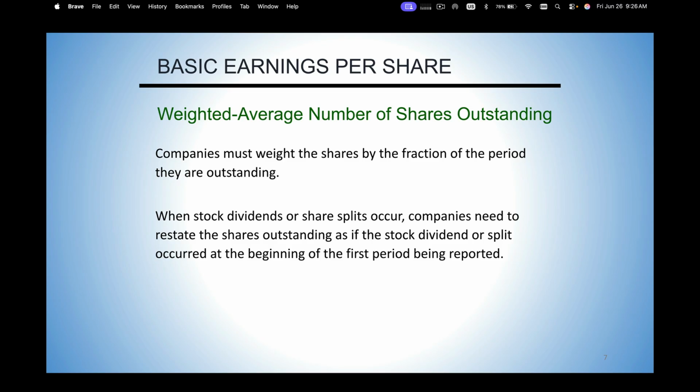It's coming right up. Importantly, if there are any stock dividends or stock splits that occurred during the year, we assume that they occurred at the beginning of the year, from the very first day of January 1st. I'll give you an example of that also.